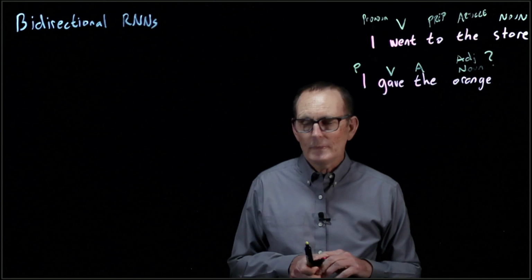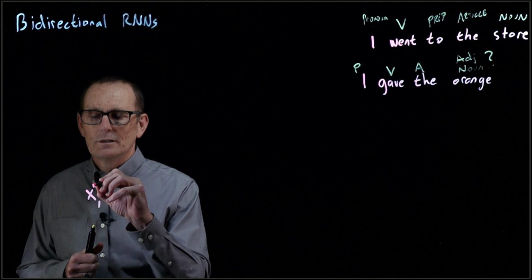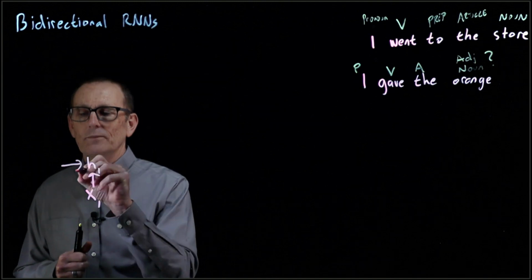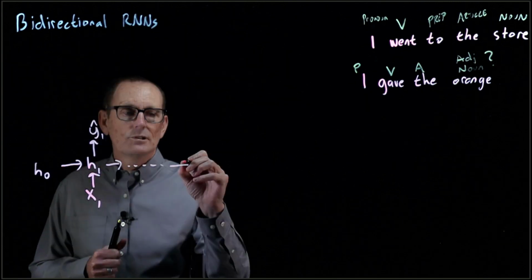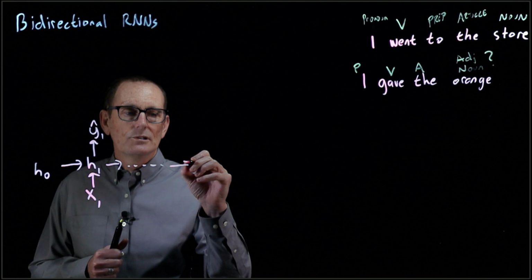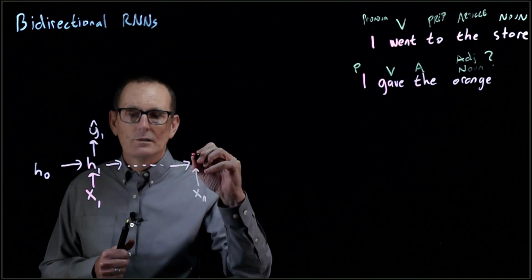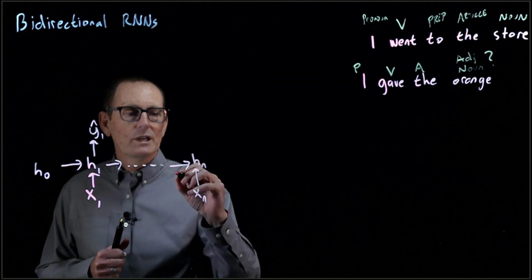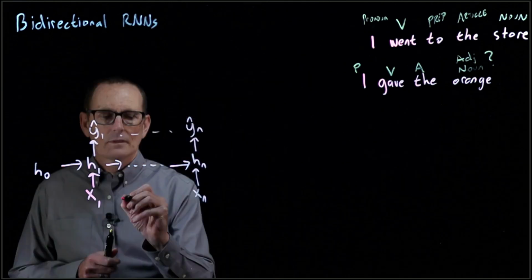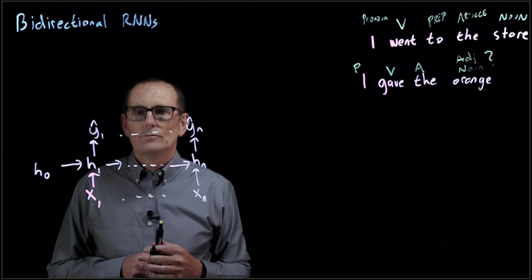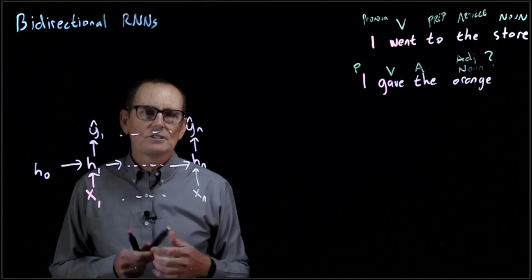We've got normally X sub 1 coming in and creating an H sub 1 and then outputting a Y hat sub 1. And this goes through until we finally have X sub n going through to help create an H sub n and outputting a Y hat sub n. And this is simplified because we're not showing the weight matrices.